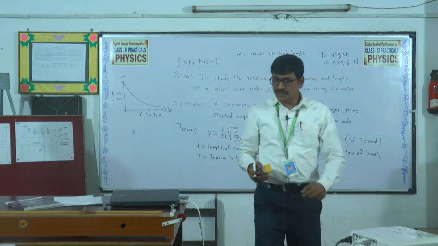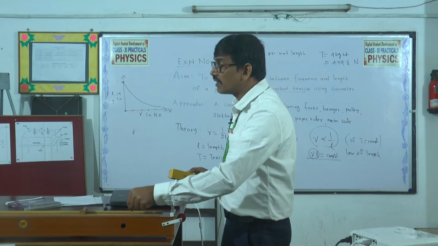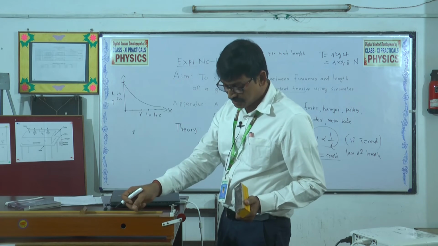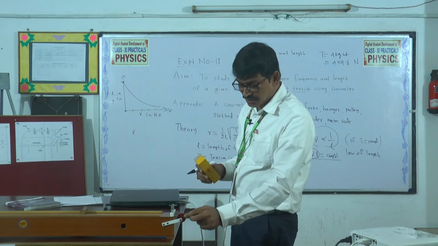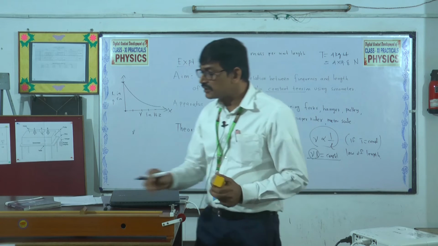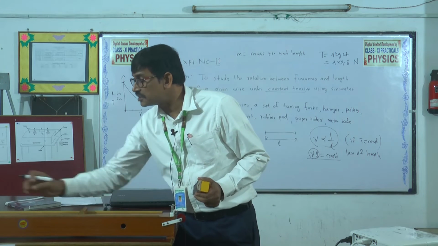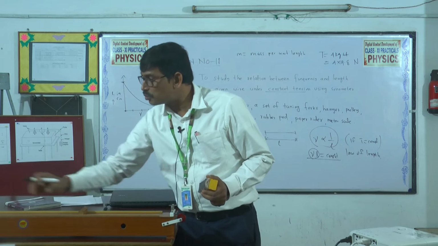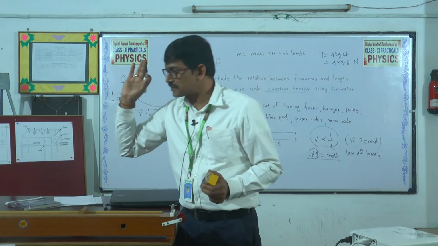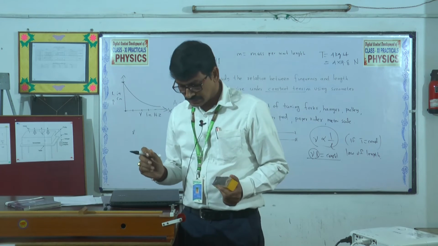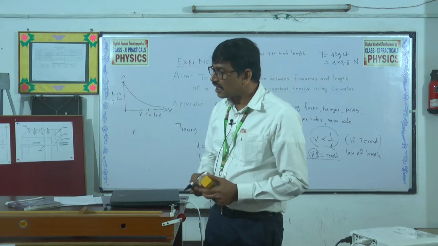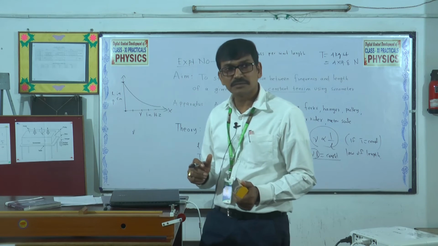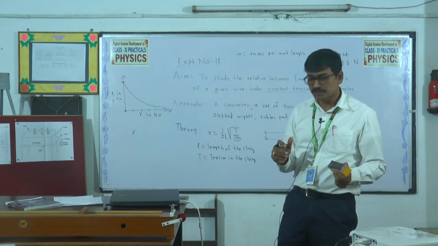The wire used should have uniform area of cross-section, and the pulley should be frictionless. You have to check that the two wedges are touching the wire, and the table should be horizontal. These are the precautions you have to take while performing this experiment.